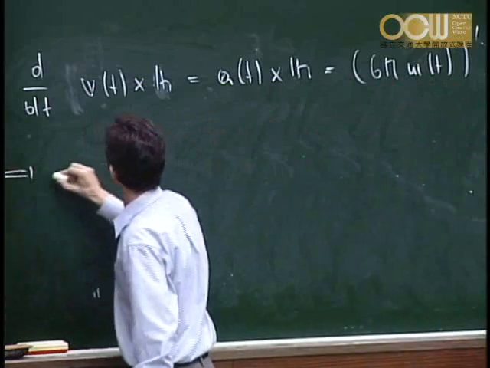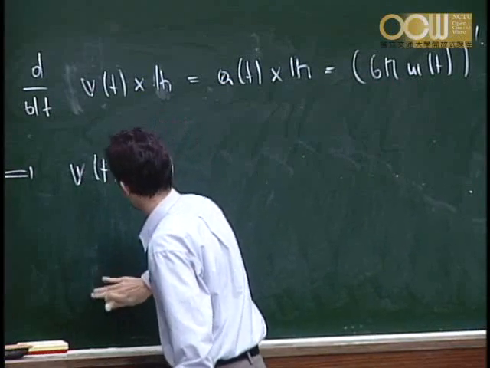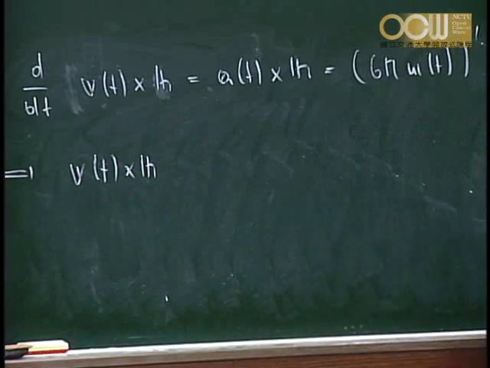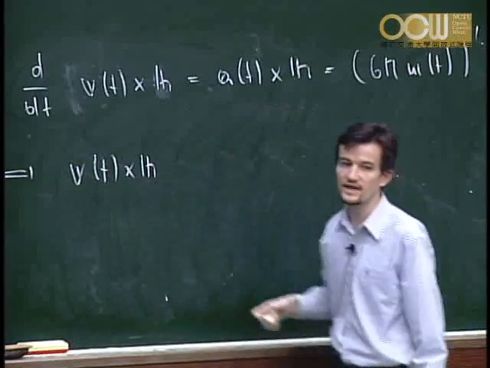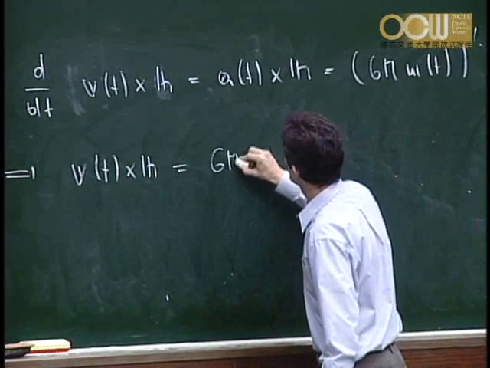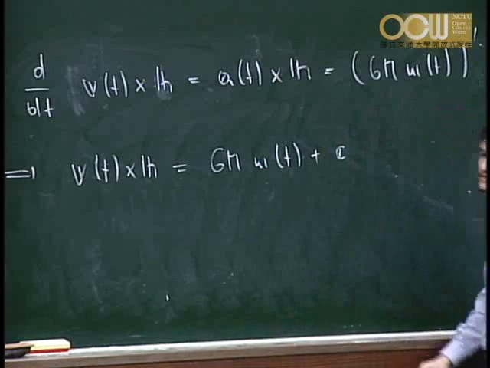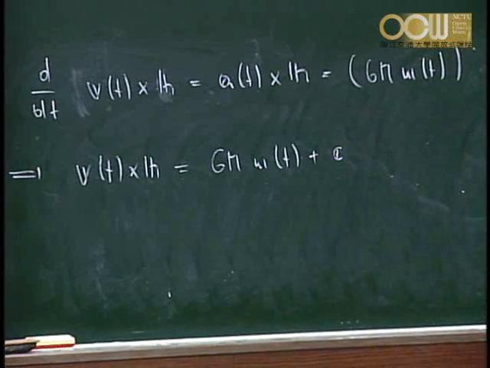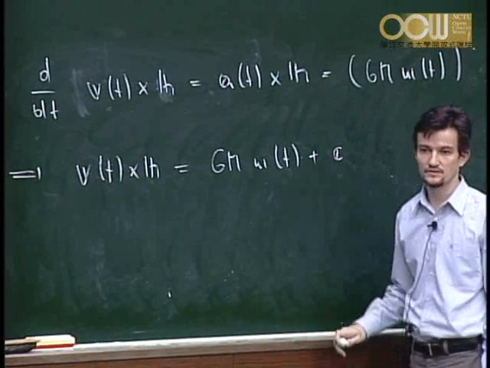So the cross product of the velocity function with this vector h is equal to GM u of t plus a constant, a vector, of course, which does not depend on t.